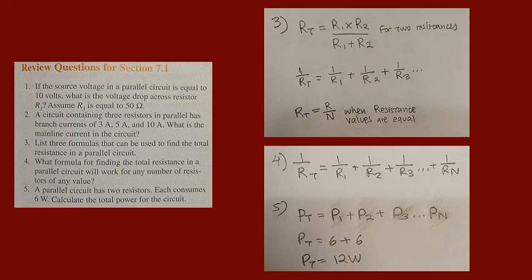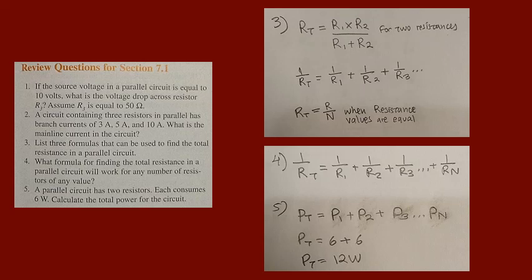If you have more than 2 resistances of different values, you can use the second formula, which is the reciprocal formula for resistance, or 1 over R total equals 1 over R1 plus 1 over R2 plus 1 over R3, etc.